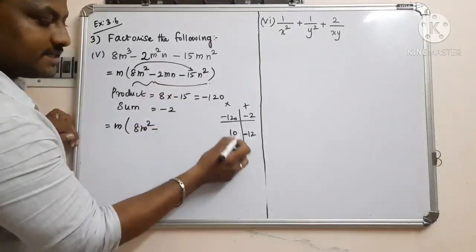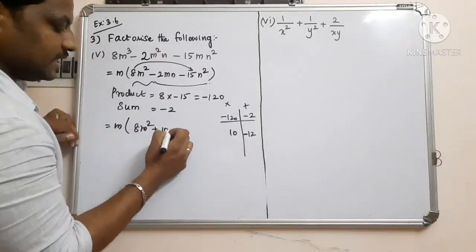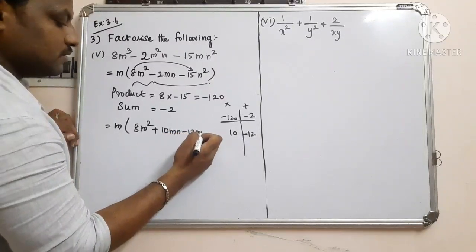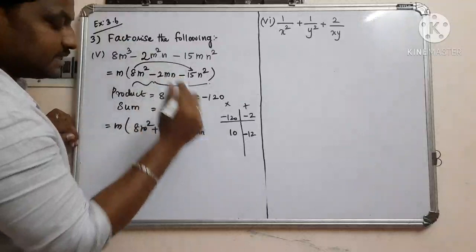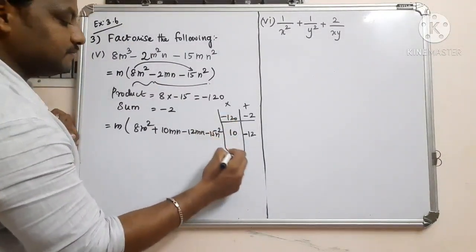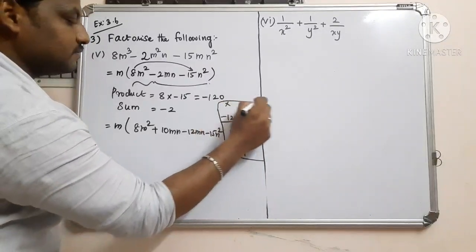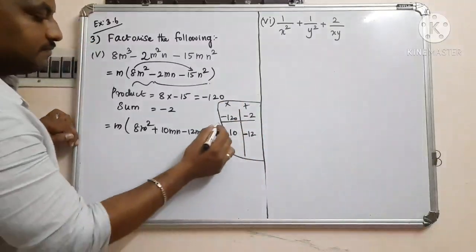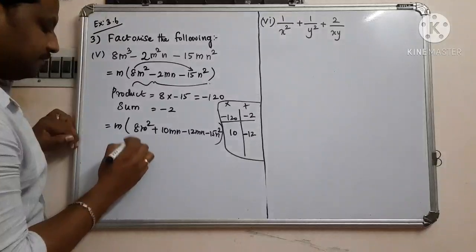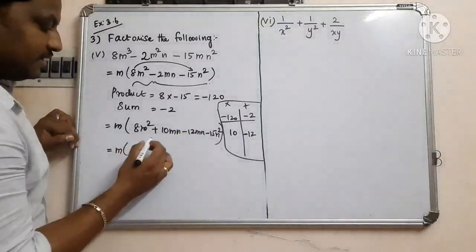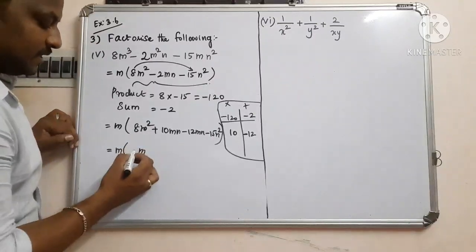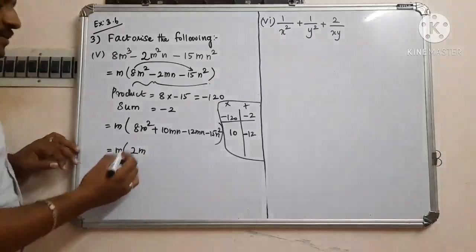2mn should be written as plus 10mn minus 12mn, minus 15n square. Now here we can take m as common, as well as 2 is common here.